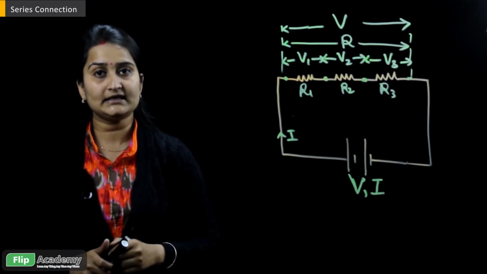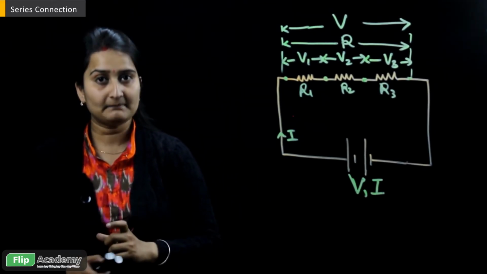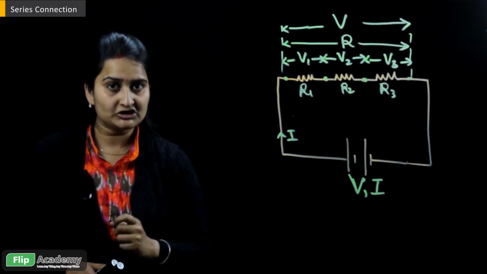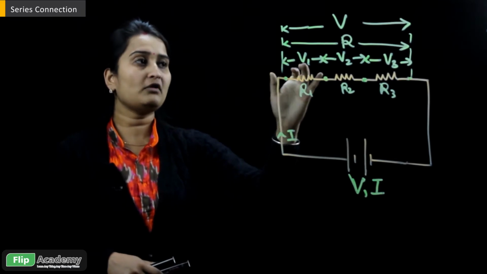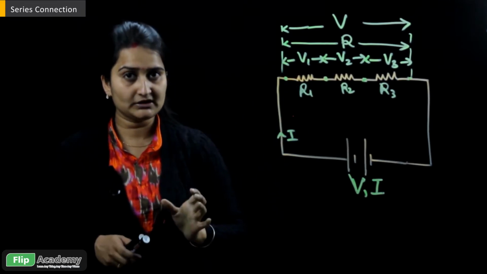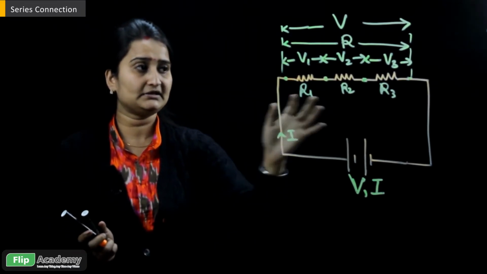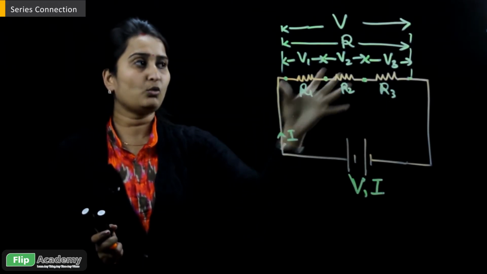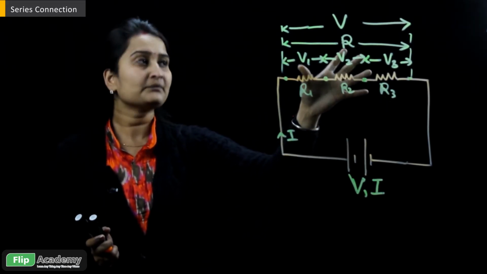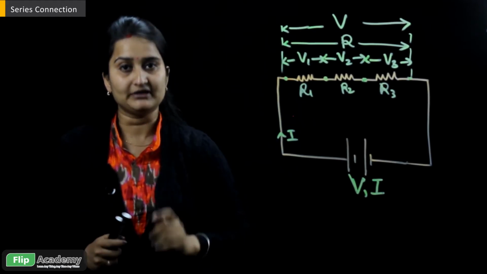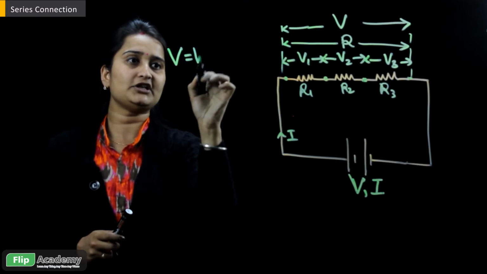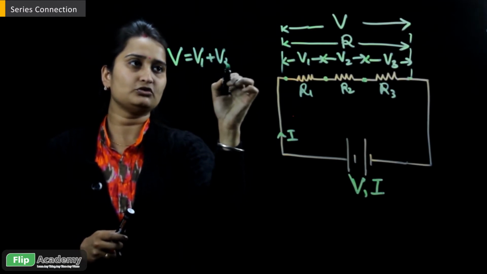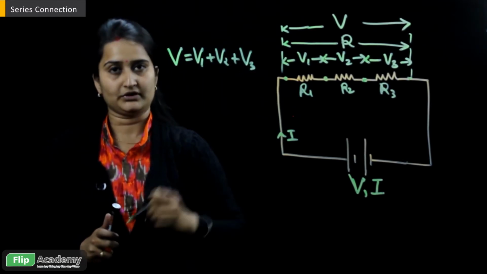As we have already seen, the total potential supplied by the battery is the summation of the potential difference across each appliance. So V1, V2, V3 is the potential difference across individual appliances, that is R1, R2 and R3. So what will be the total potential difference? That is capital V. Now see here, capital V is equal to V1 plus V2 plus V3.